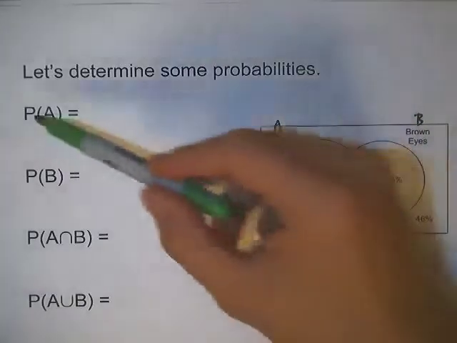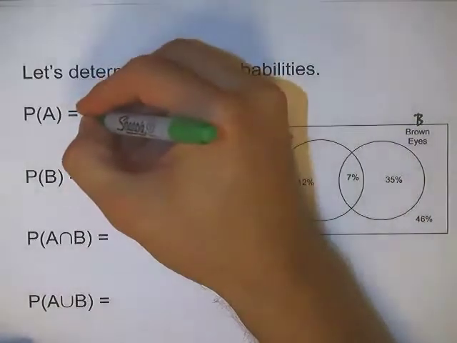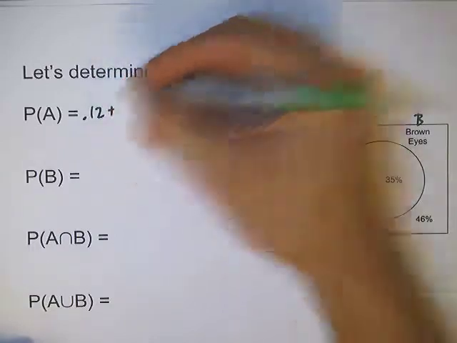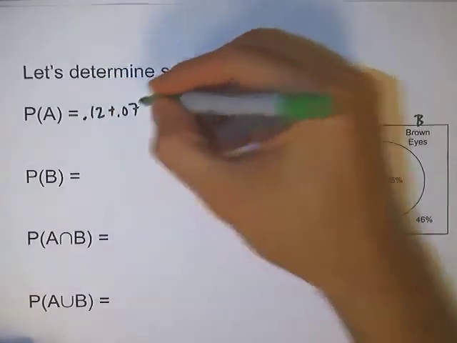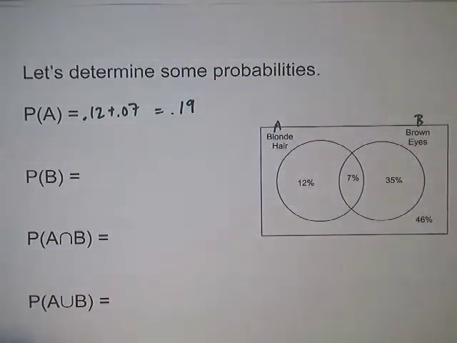So for the probability of A, we actually want to count both the 12% and the 7%, because both of those outcomes include people with blonde hair. So this is 0.12 plus 0.07, which is 0.19. So a 19% chance of selecting somebody with blonde hair.